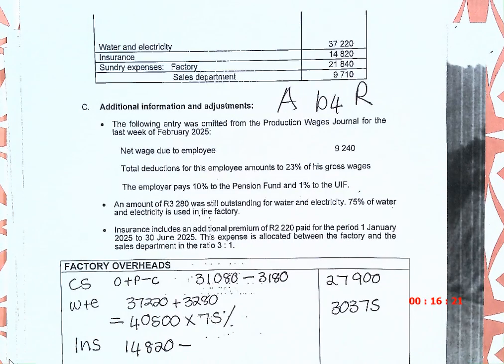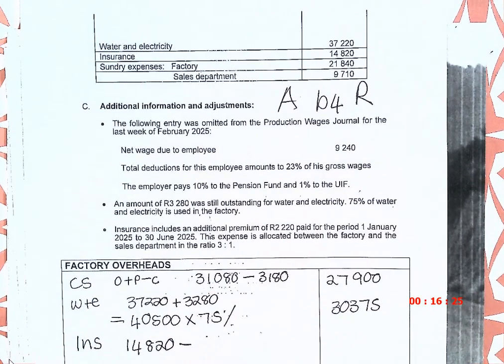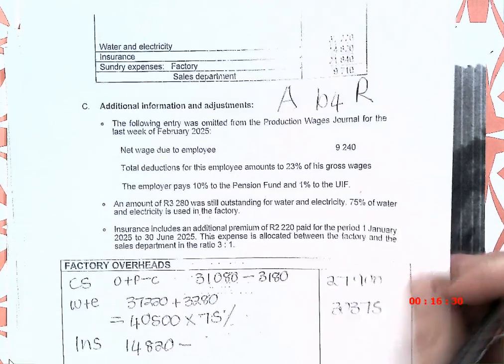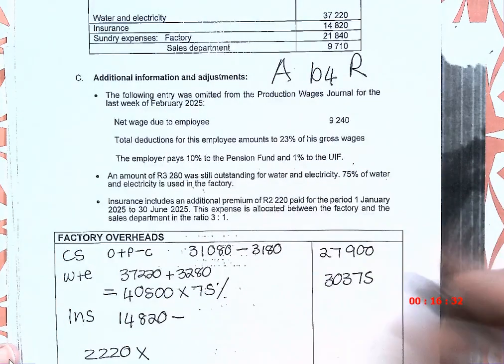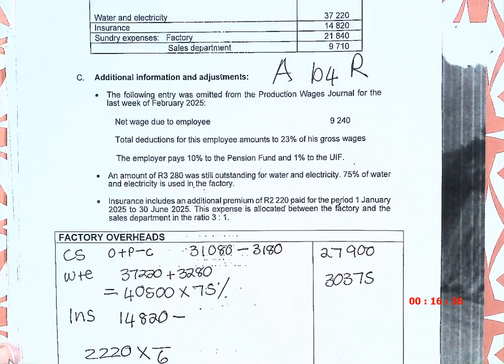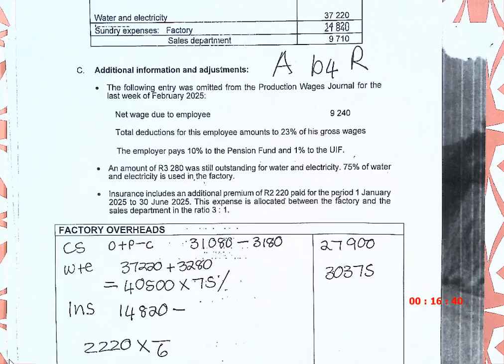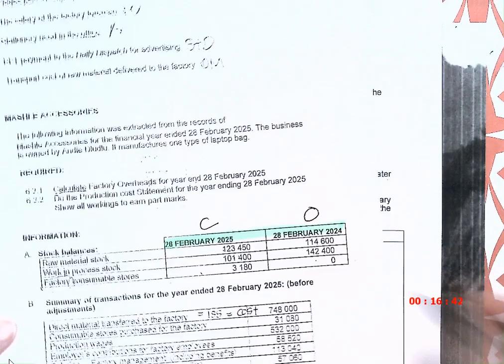Usually they say it's an annual premium. But in this case, it's not annual. If you look, January to June, it's 6 months. How many months is prepaid? My year, according to this, ends in February.